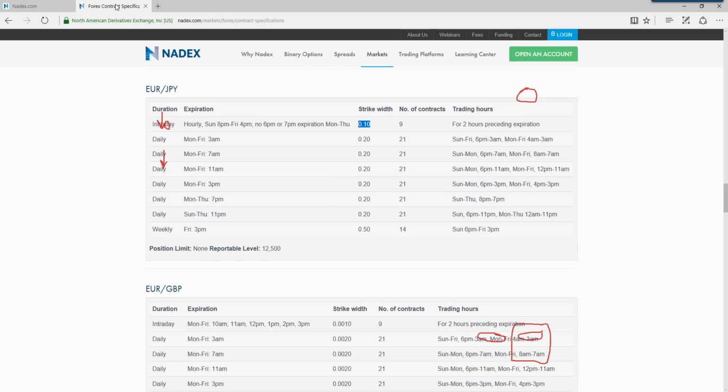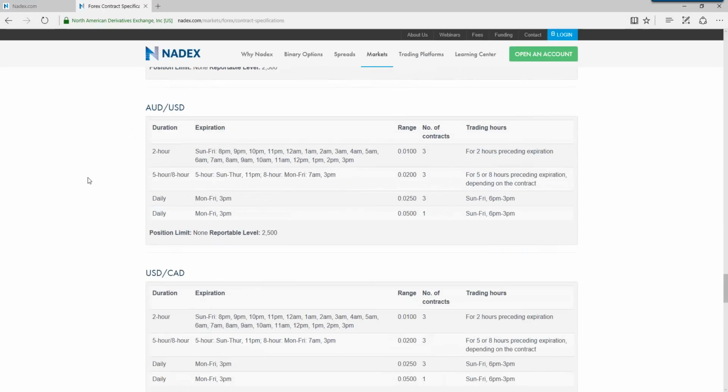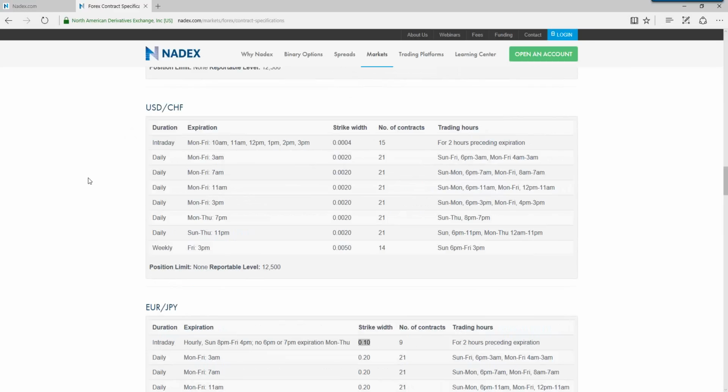When I was new, I had years of experience in trading. I traded futures, Forex, and stocks. When I started trading Nadex binary options, I printed all of this out and turned it into an Excel spreadsheet.